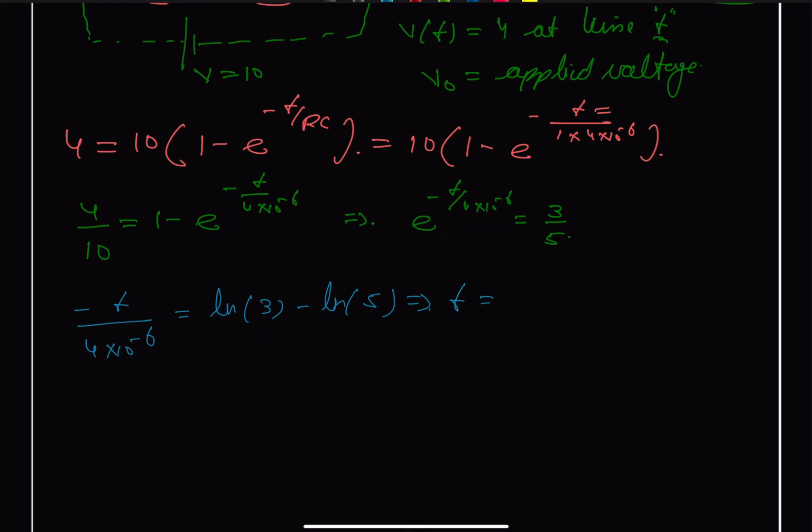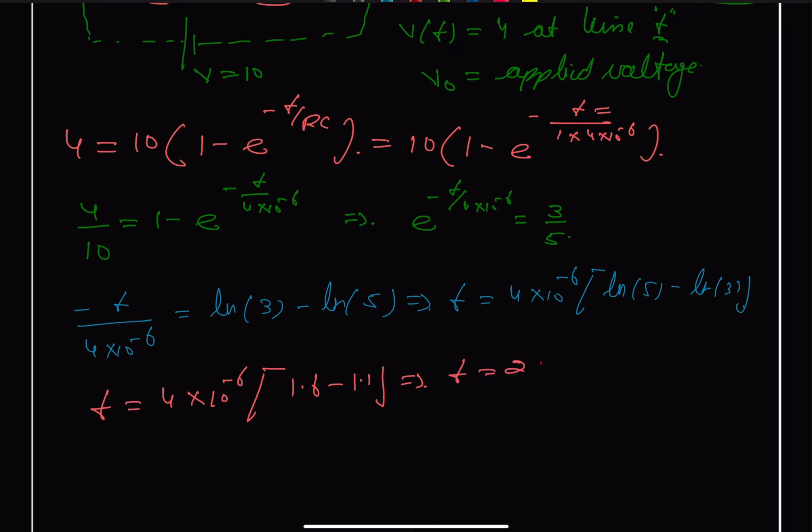So t is equal to 4 into 10 to the power minus 6 into natural log of 5 minus natural log of 3. Natural log of 5 is given as 1.6 minus 1.1, and this comes as 0.5. 0.5 is 1 by 2. So t is equal to 2 into 10 to the power minus 6.